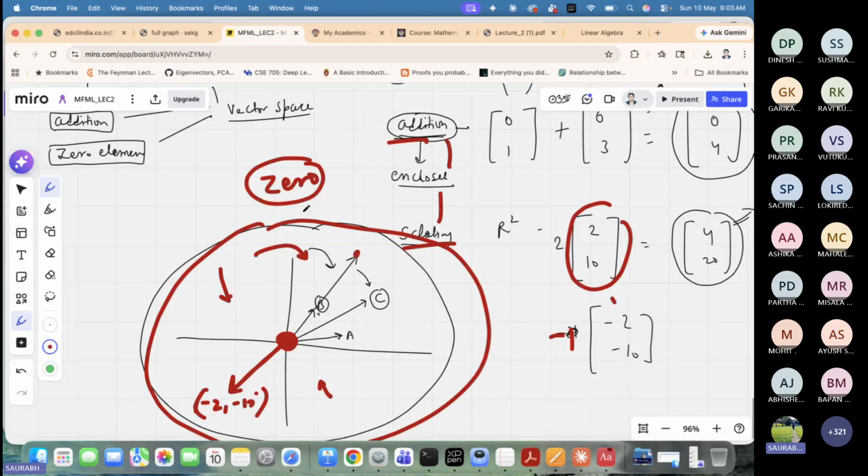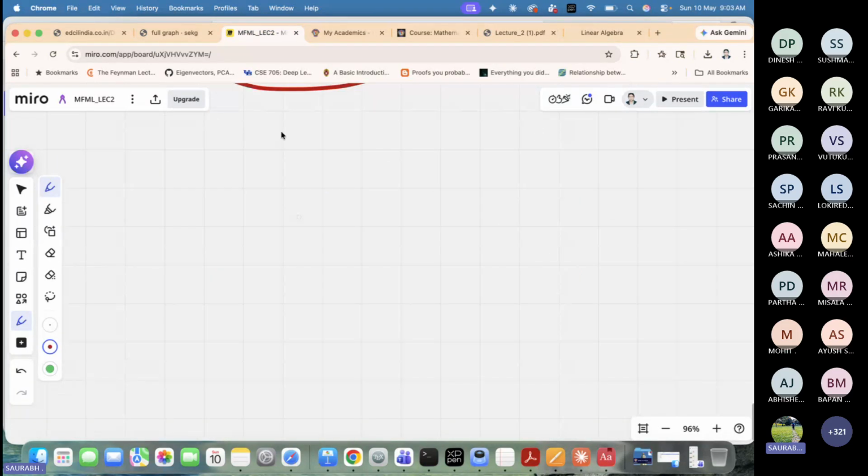Remember that these two things are the most important: vector addition and scalar multiplication.